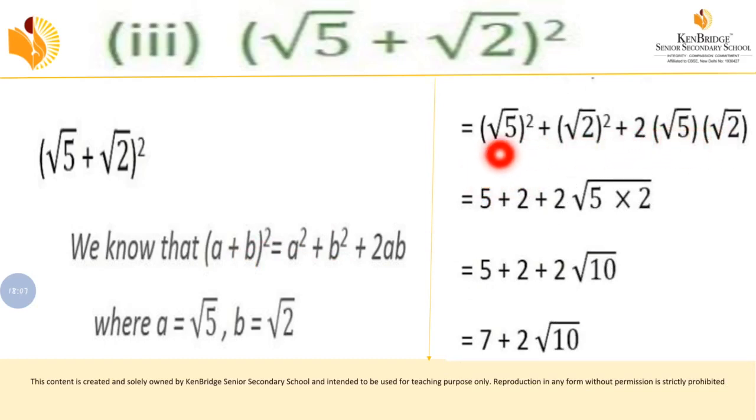Root 5 squared is 5, and root 2 squared is 2. Here we take a single root, and inside the root we write 5 into 2. Now 5 plus 2 becomes 7, and 5 twos are 10, so it becomes 2 root 10. So the answer is 7 plus 2 root 10. Let's move on to the next one.